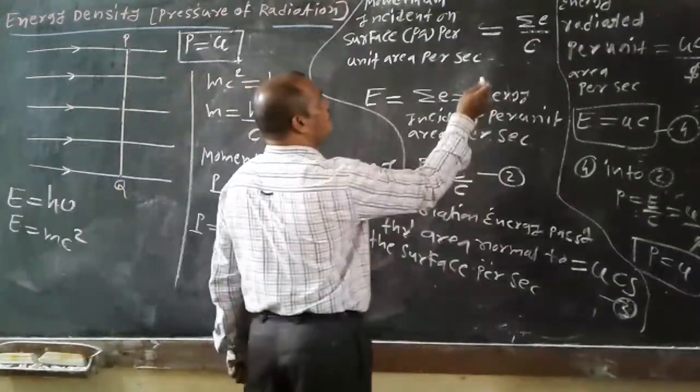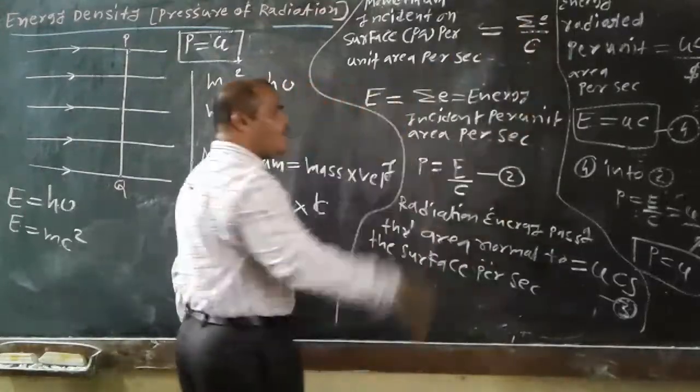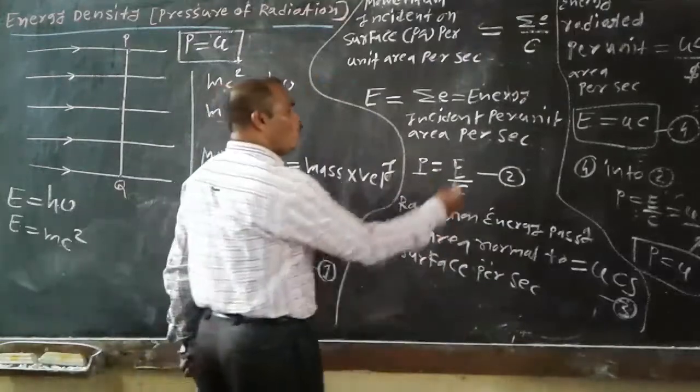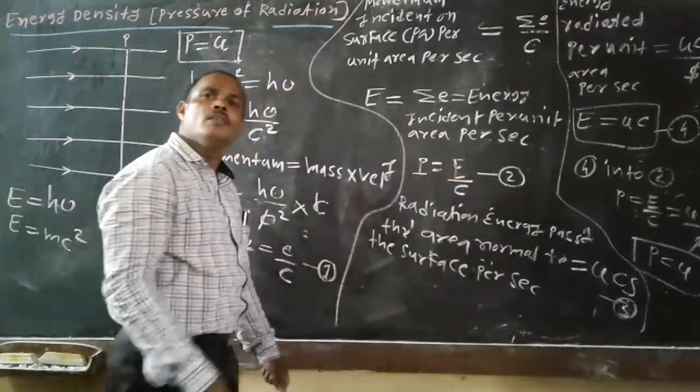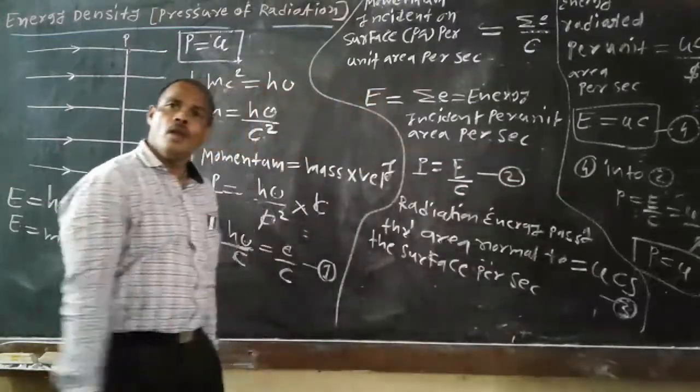Hence we get total momentum P equal to E upon C. So this is equation 2.